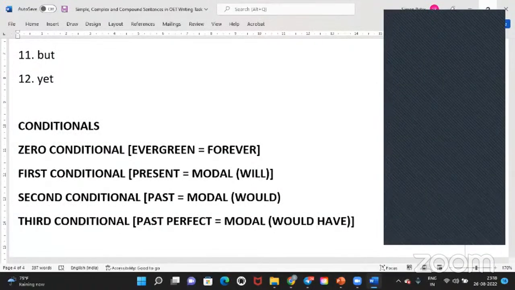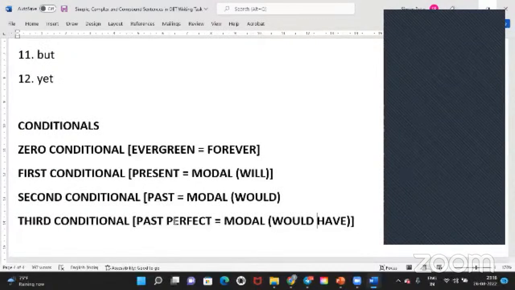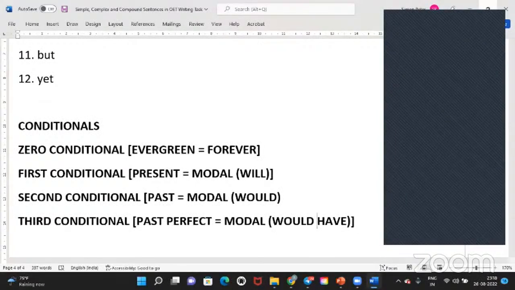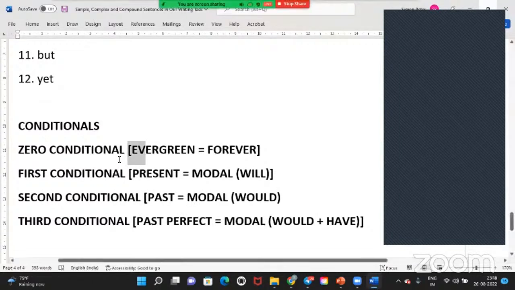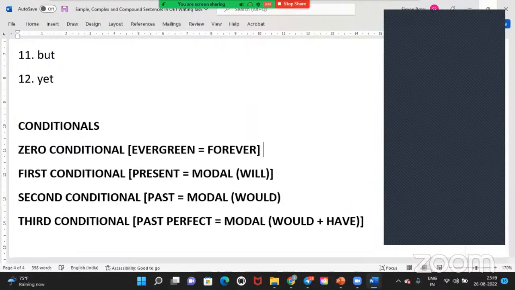If he had helped me, I would have remembered him. Would plus have. So this is, if you freeze water, it becomes ice. Here also simple present, here also simple present. No modal. Here forever, no modal. No modal verb. Not M-O-D-E-L, it is M-O-D-A-L, modal verb.